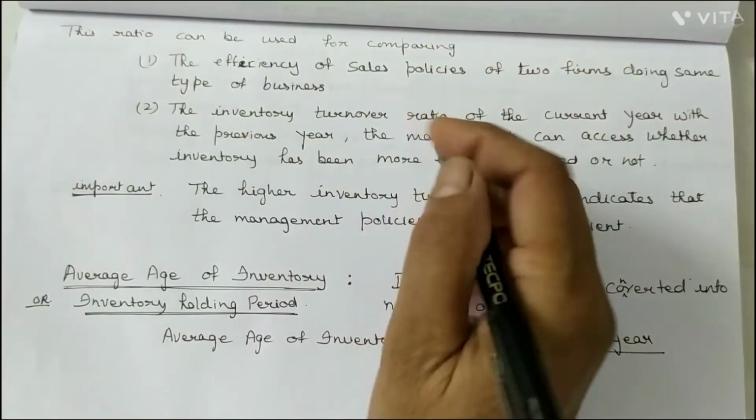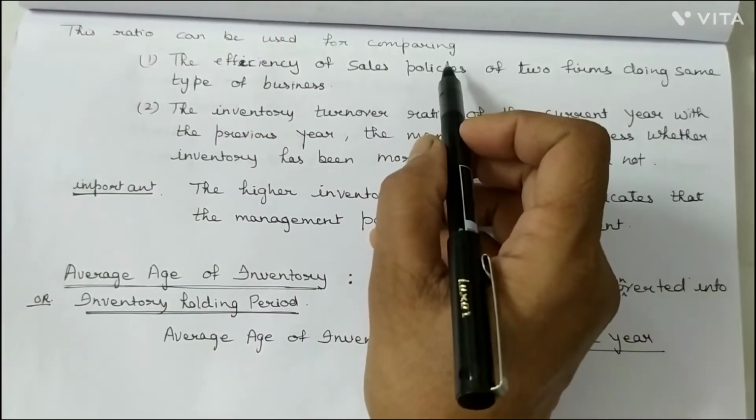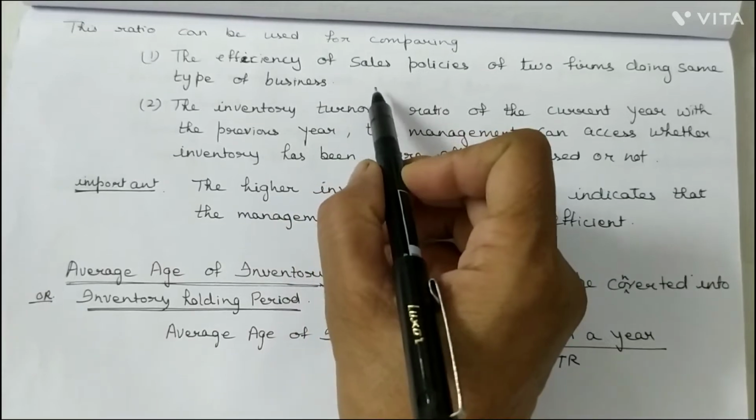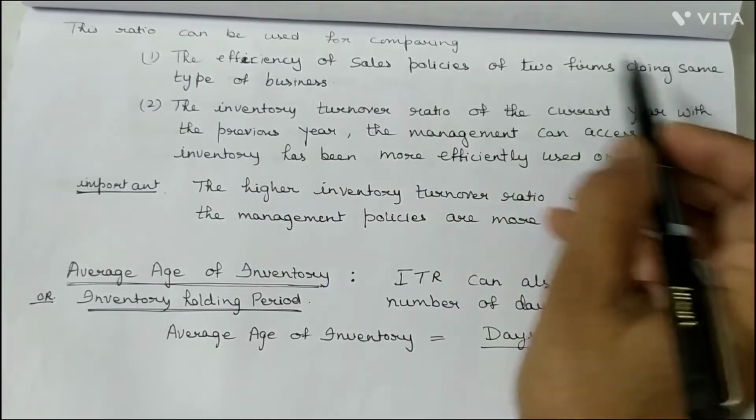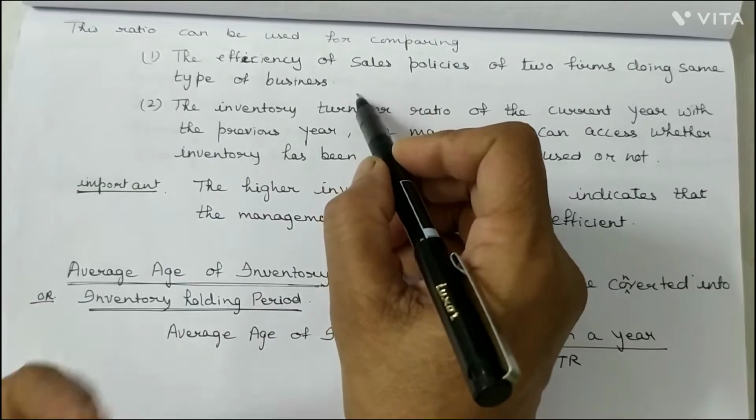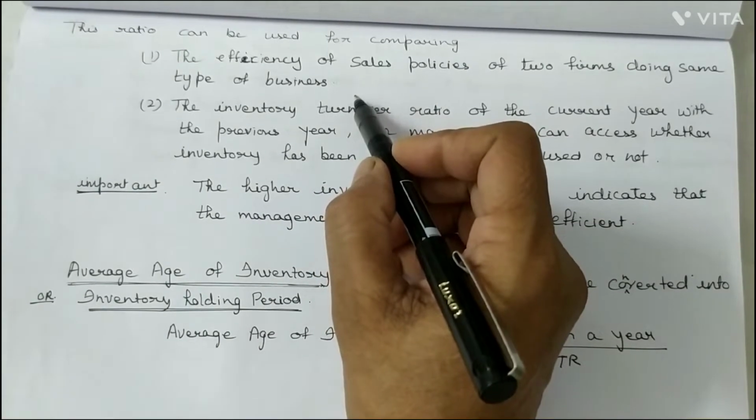Next, this ratio can be used for comparing the efficiency of sales policies of two firms doing the same or similar type of business.